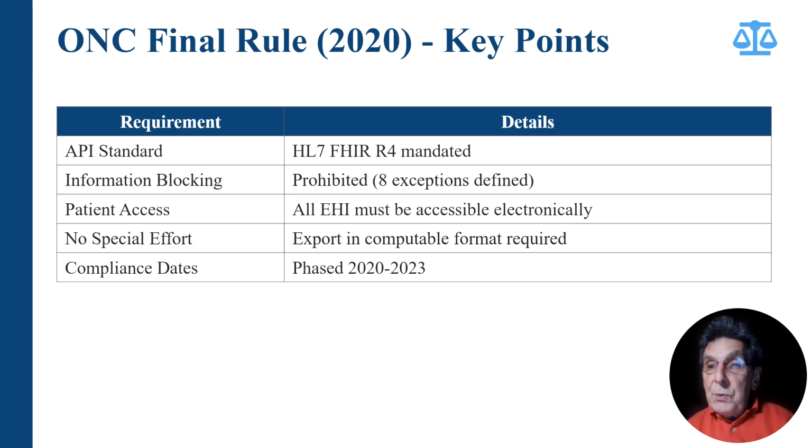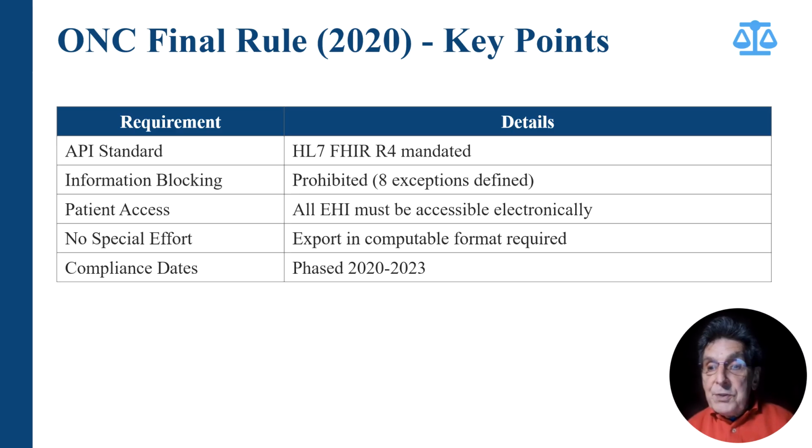The ONC Final Rule, issued in March of 2020, puts specific requirements behind the Cures Act mandates. Let's highlight the key points. The API standard. HL7 FHIR R4 is mandated, not a standard API, specifically FHIR, specifically version R4.